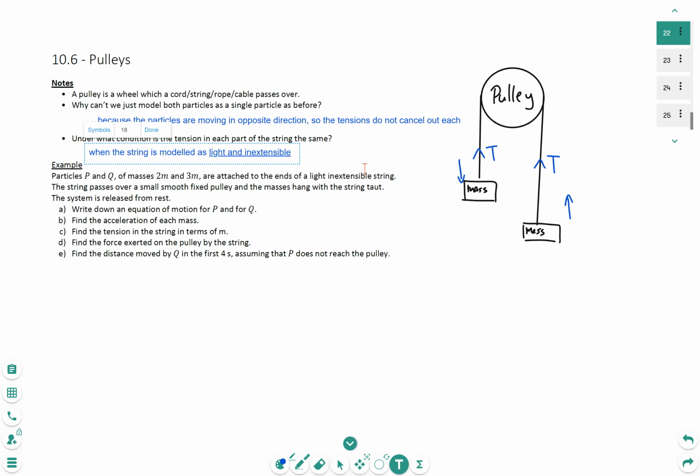Inextensible, because any force applied to one end of the string is transmitted equally throughout its length, resulting in a constant tension. So we use a T value across the string.